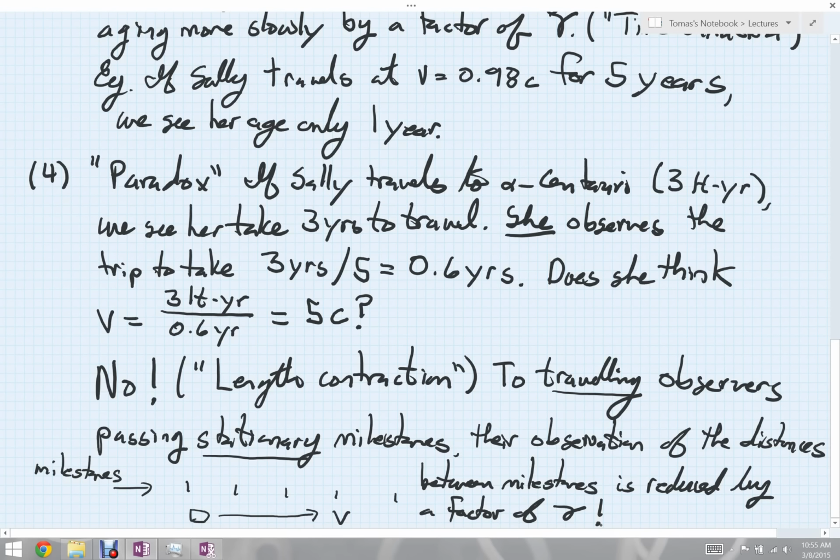Once again, in our example, gamma was 5.